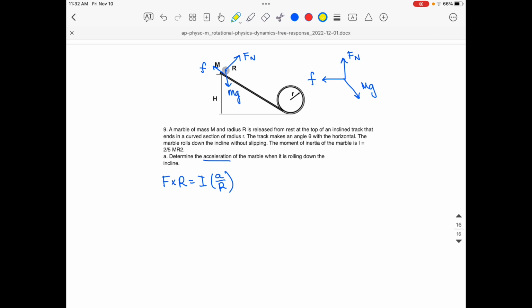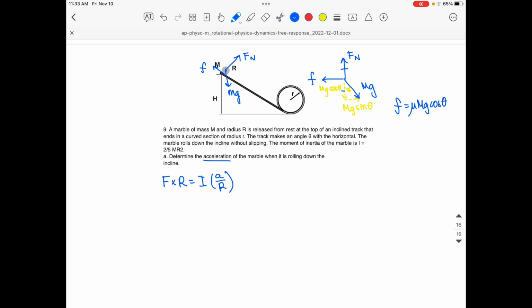And I'm going to break this into components, knowing that this is theta. I've got mg cos theta, and here I've got mg sine theta. So what I know is that friction is equal to mu mg cos theta, because that's the normal force since these are equal. The only problem is I don't want my equation to contain mu because that's not a variable that's given to me.